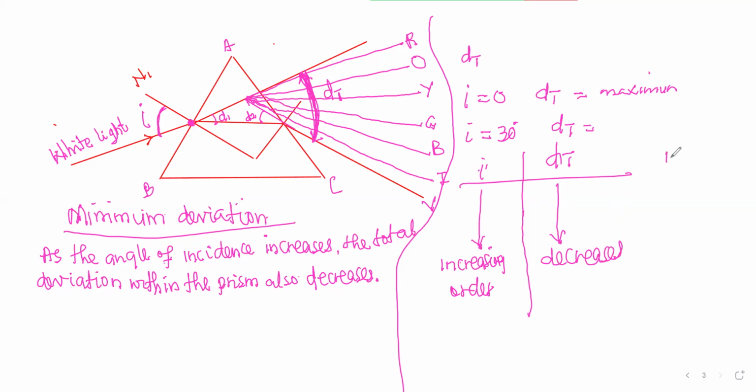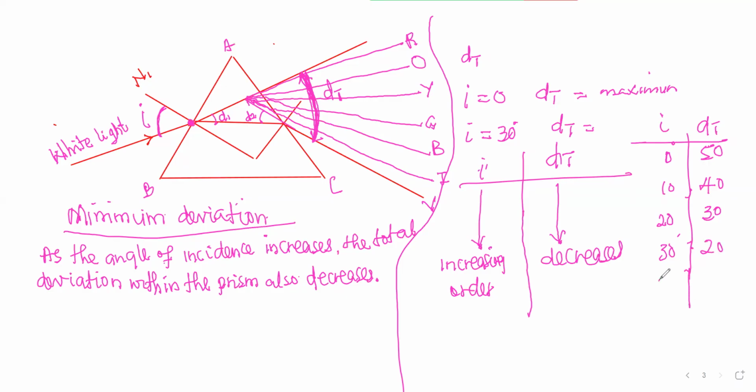So from maybe 0, 10, 20, 30. Let's assume this is from a highest value of maybe 50. Then it will decrease to 40. When this is 20, it will decrease to 30. When this is 30, this will be 20.